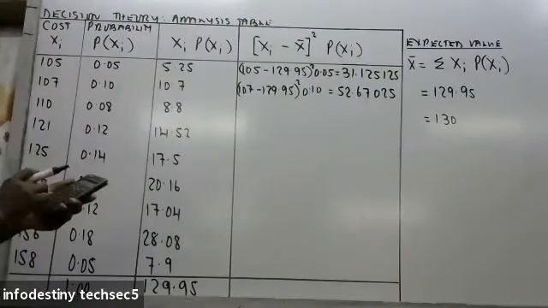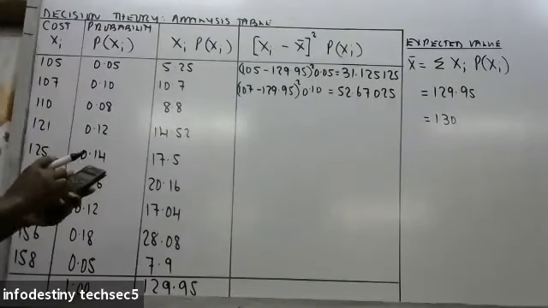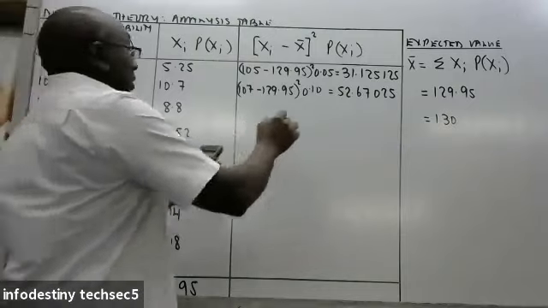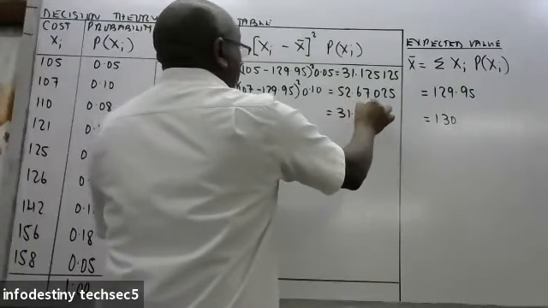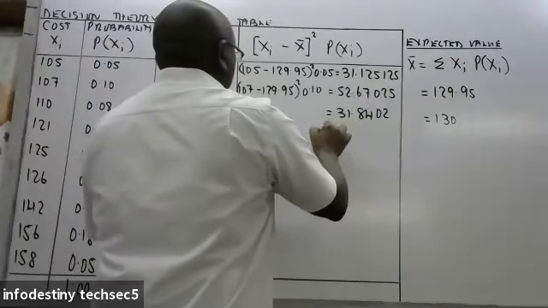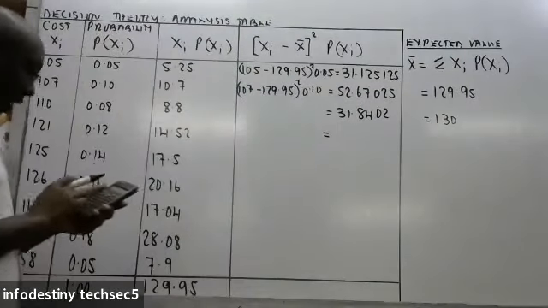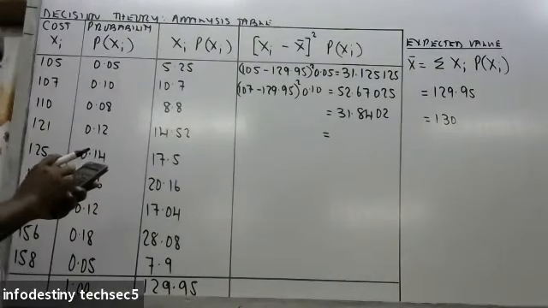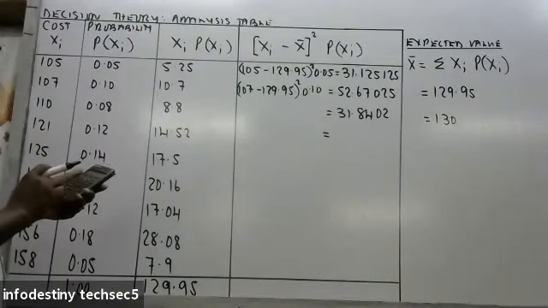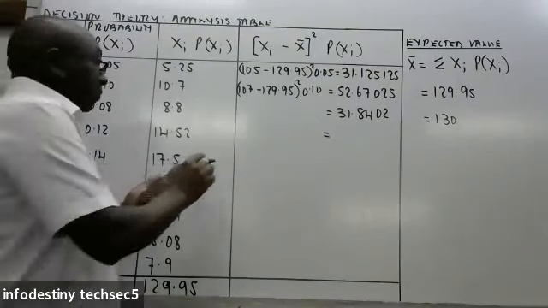110 minus 129.95. Square that, multiply by 0.08 is that 1.8402. 121 minus 129.95. Square that, multiply by 0.12.